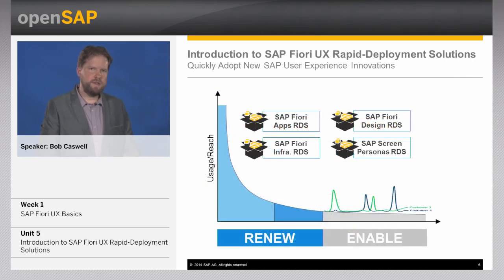So how does this fit in to the overall SAP user experience strategy? Now, just by way of quick review, you already saw this in Unit 2. Basically, Fiori apps and Fiori infrastructure are in the renew category, which means that SAP has provided apps out of the box for the most common use cases, and these two packages specifically help you get those apps up and running as quickly as possible for those most common use cases.